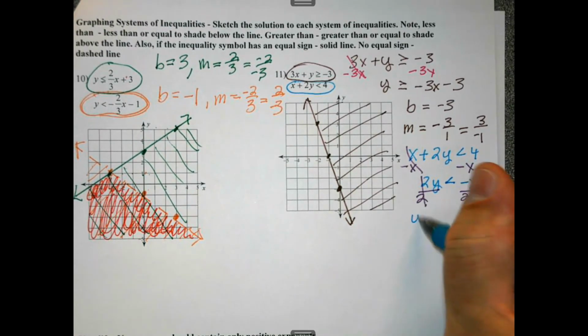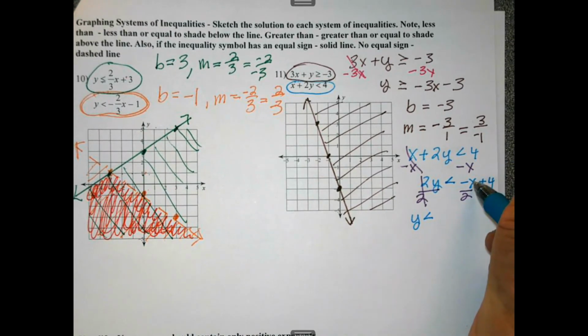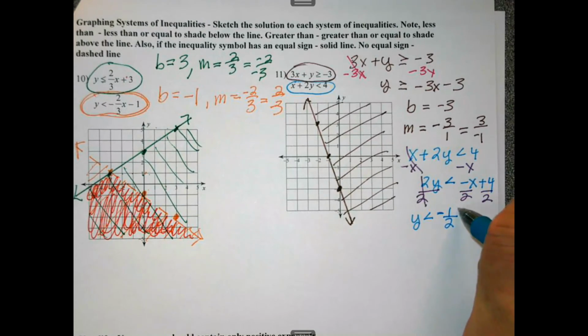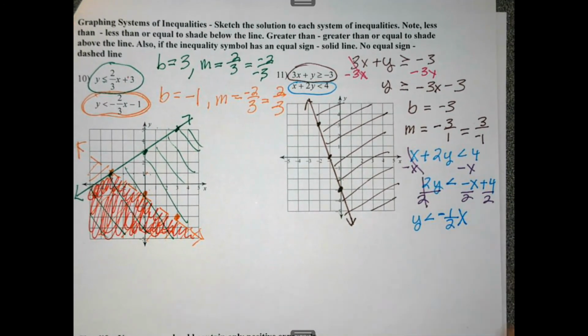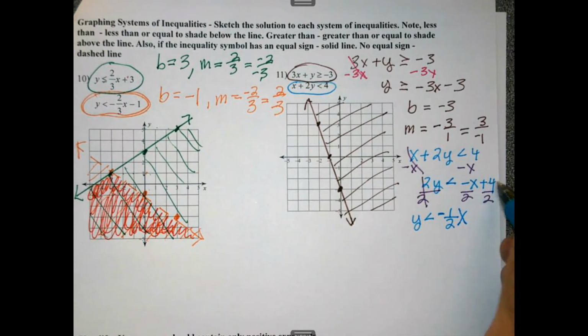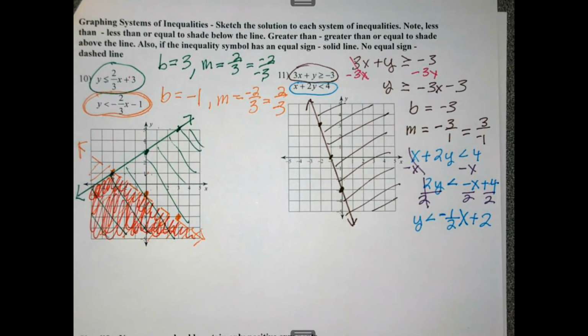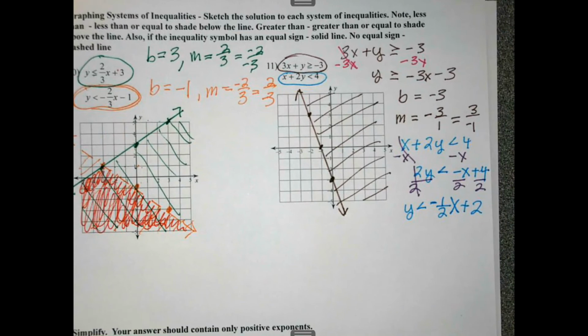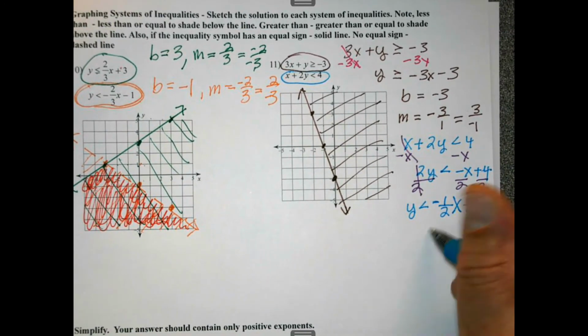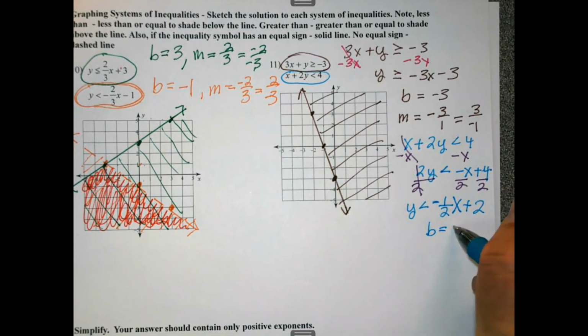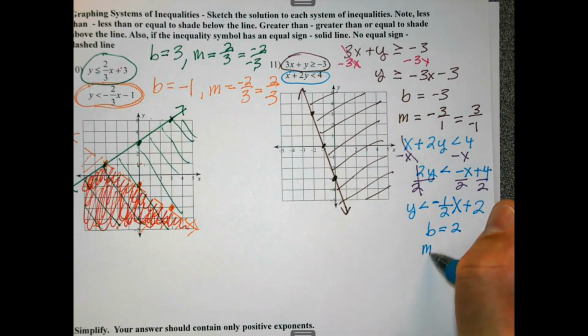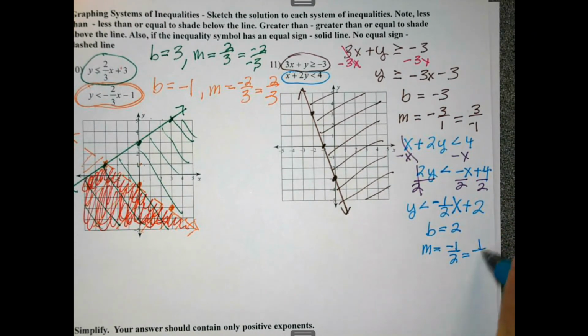So I get y is less than, don't forget there's a 1 there, so negative 1/2 x. I'm going to pull that x out to make it look pretty. Positive 4 divided by 2 is positive 2. So my y-intercept, 2, slope is either negative 1 over 2 or 1 over negative 2.